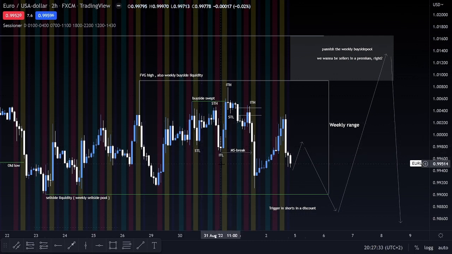So this is a stronger market structure break to me. Coming up, rebalancing, I think this is a 4-hour imbalance or something. This high here should be a long-term high.